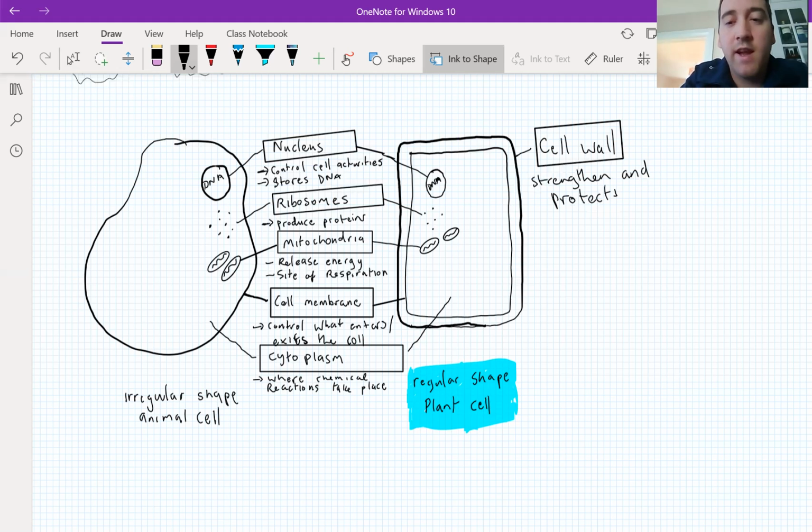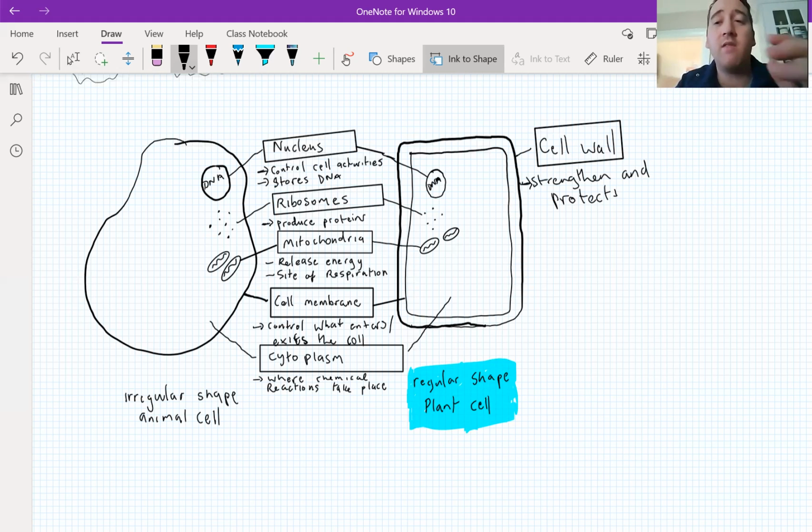It strengthens and protects. The reason why the plant cell needs this strength and protection, and it gives the cell its shape, is that humans and most animals have cells that have no cell wall, but we have a skeleton, which gives us our shape, gives us our structure, strengthens us, and helps us stand up straight. Plant cells, you know, some trees can be extremely tall, and they don't have a skeleton inside them holding them up. The cell wall is one of the reasons why they can be so strong, even though they don't have a skeleton.